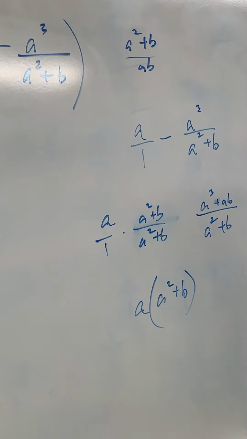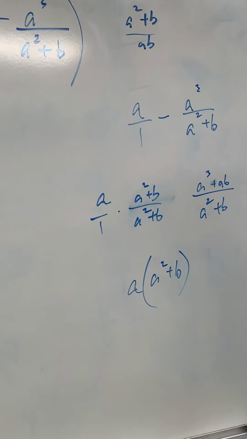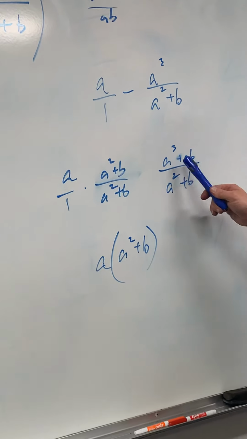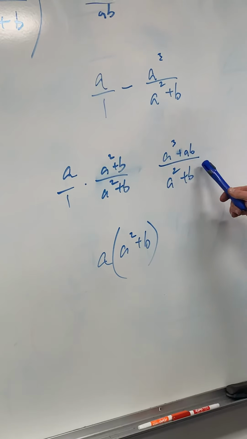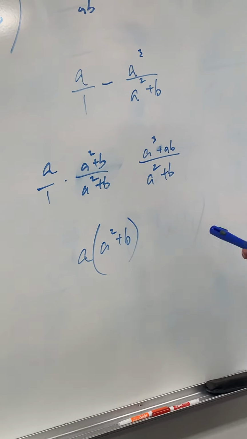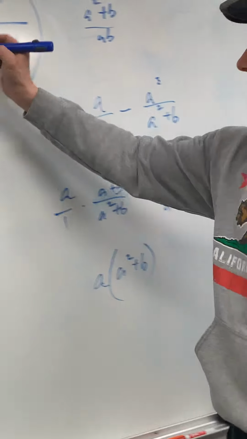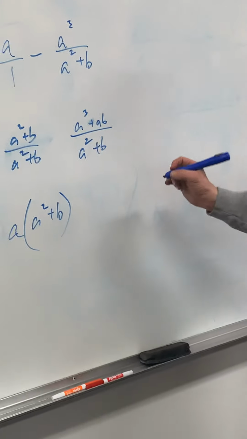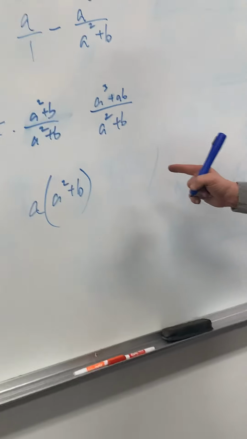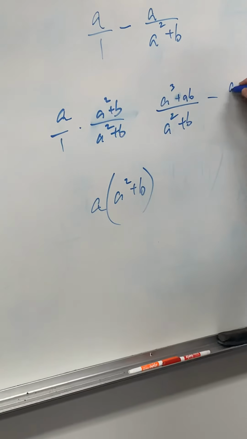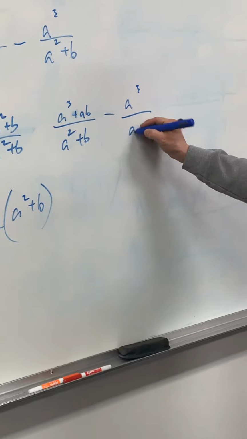And what did we end up getting? We got A cubed plus AB over A squared plus B. Any questions? So basically this A over 1 just became this. Now we have A cubed plus AB over A squared plus B minus A cubed over A squared plus B.